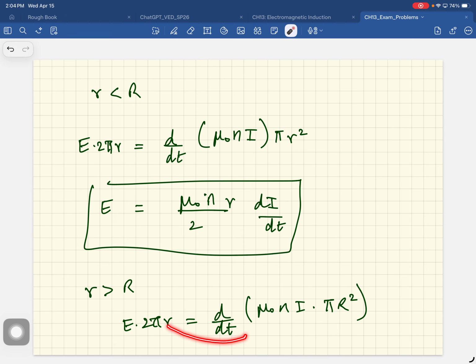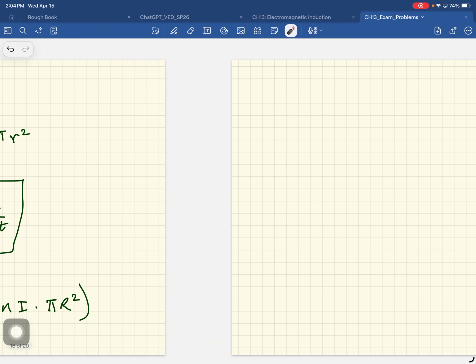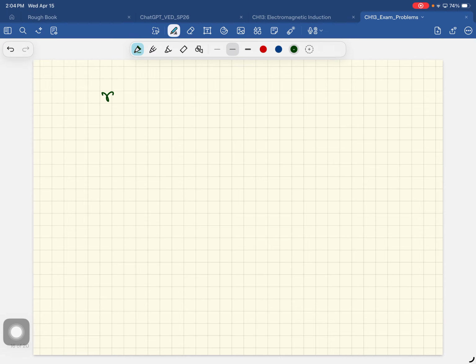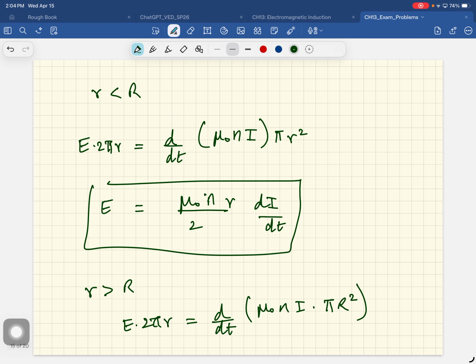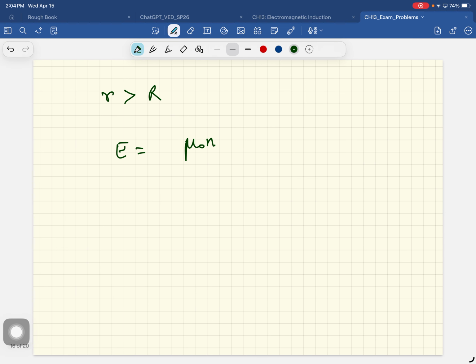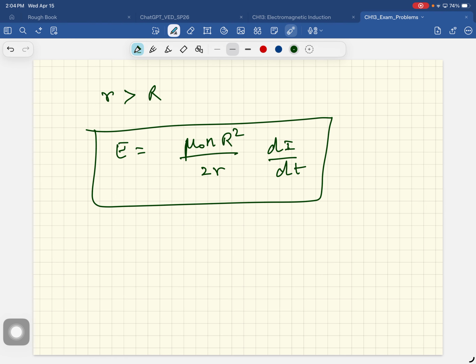So the EMF is d by dt of mu naught n I pi r squared, which is mu naught n pi r squared dI by dt. That's the only thing that's changing: the current in the solenoid is changing. And this is given to be 2 amperes per second, the rate of change of current.